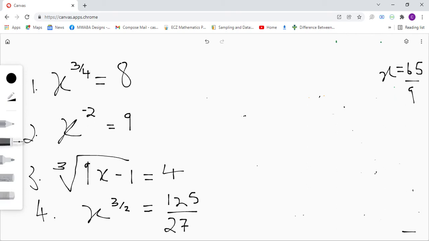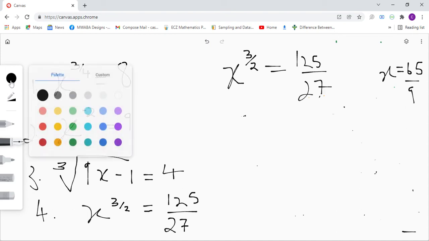Alright, so we have x to the power 3 over 2 equals 125 over 27. So to find the value of x, we have to get rid of the power.